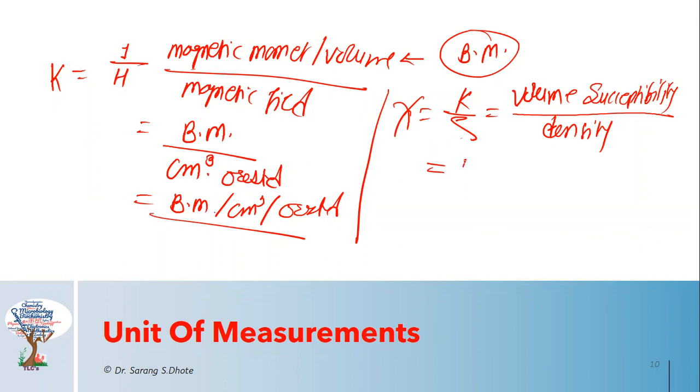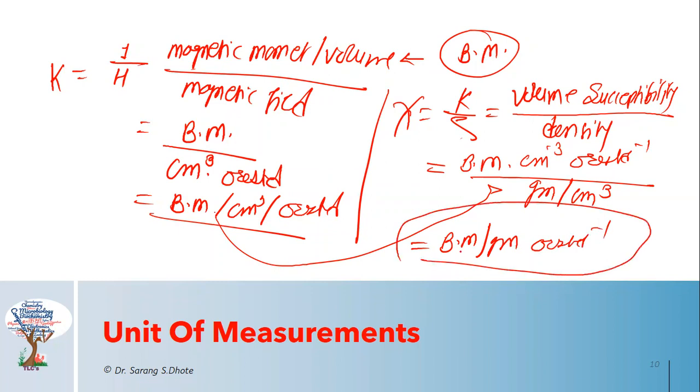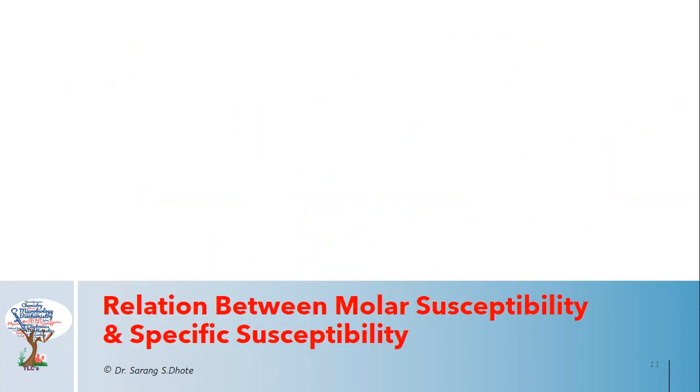K has the unit Bohr magneton per centimeter cube per oersted, divided by density, which is gram per centimeter cube. So the overall unit is Bohr magneton per gram per oersted. This is the unit of specific susceptibility.